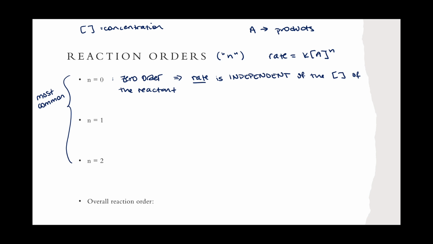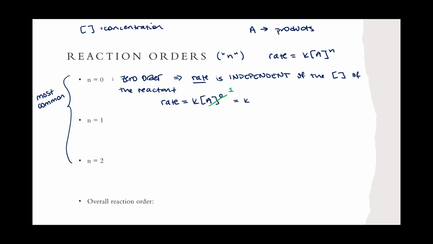And if we were saying that in this example that A was found to have a reaction order of 0, we would say our rate equals the rate constant times the concentration of A raised to the 0 power. Now, whenever you have something raised to the 0 power, it equals 1. So I'm just going to cross that out. Really, our rate will come to be equal to just k, just that proportionality constant.